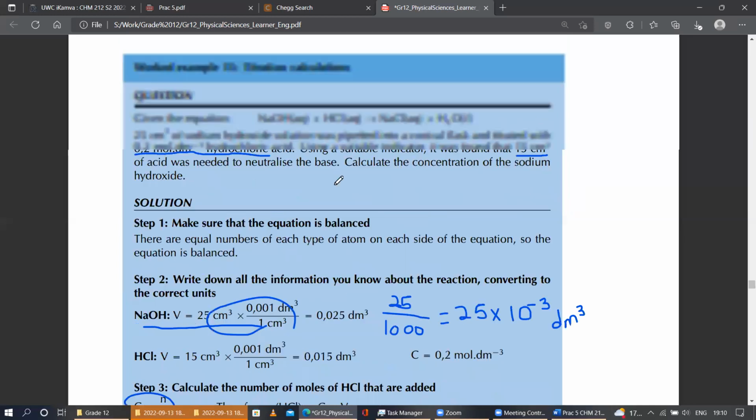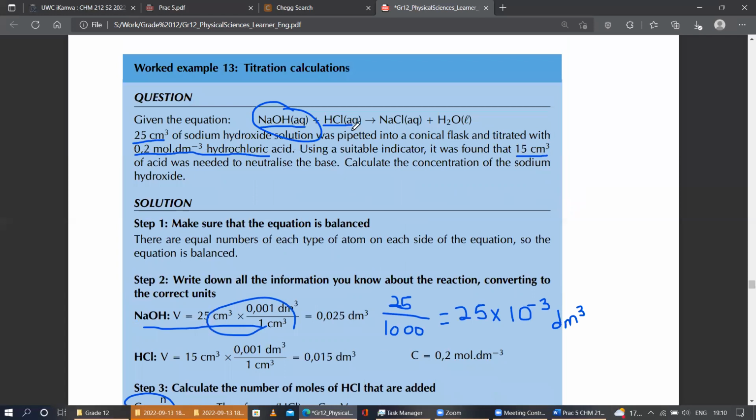Then you're gonna check the ratio of HCl and NaOH. Here it's gonna be 1:1, so that means you don't have to change it that much.